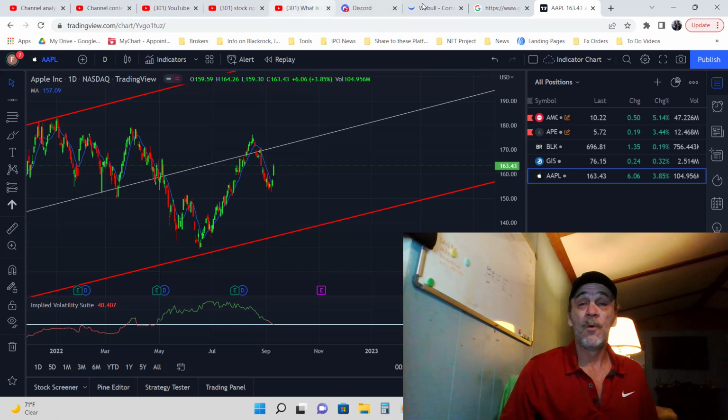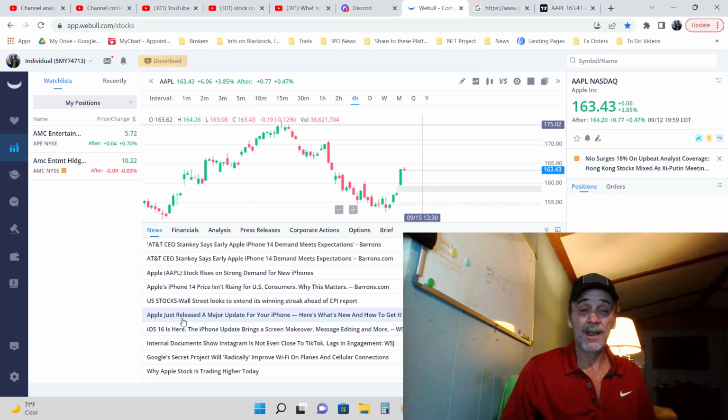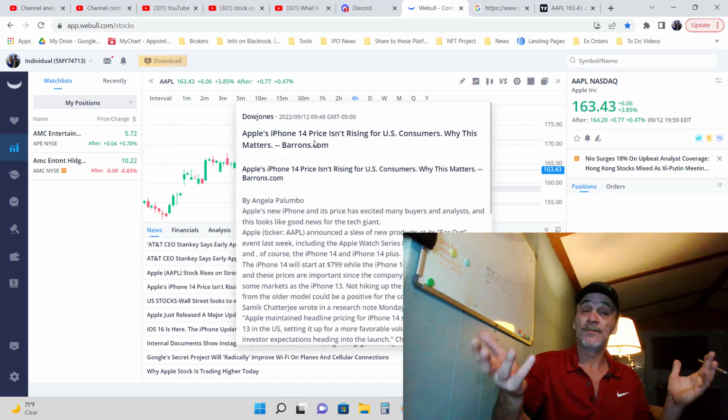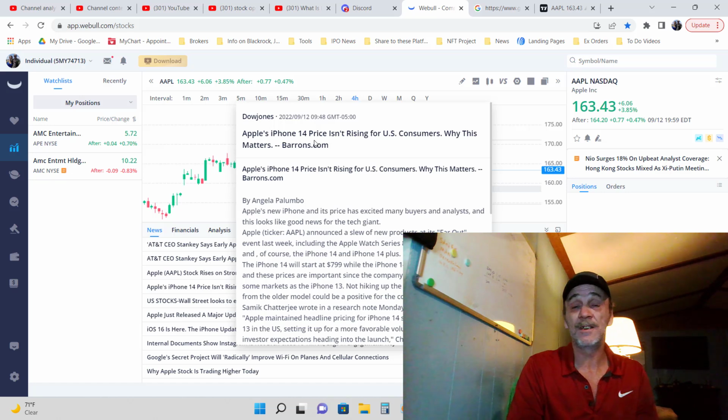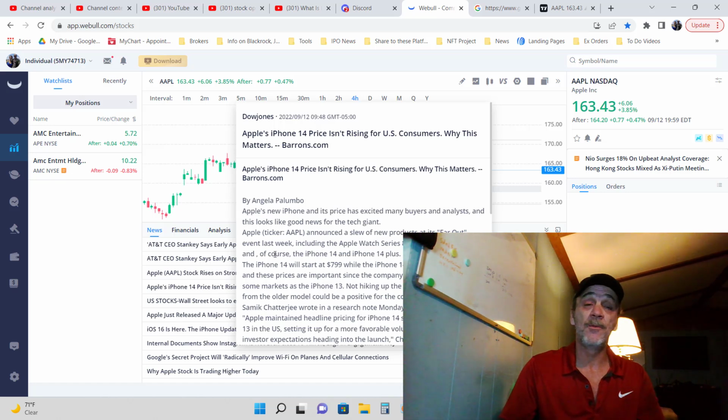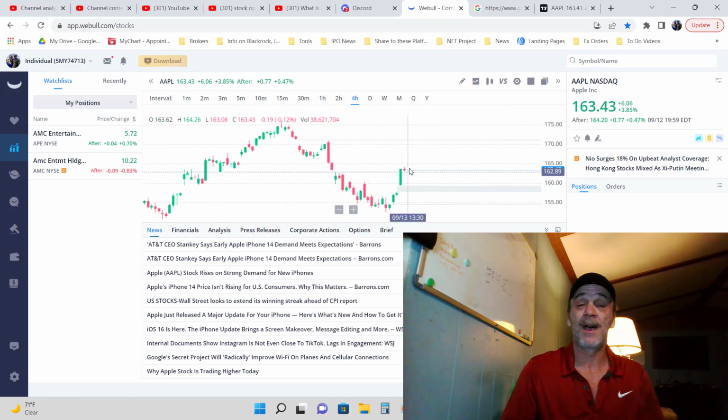What happened was, when I went to Webull and was looking in my news, doing more investigation, the rise we had today was due to an article that said they weren't going to raise the prices of iPhone 14s. It's going to stay the same price as the iPhone 13. And people got excited about it and started buying in.